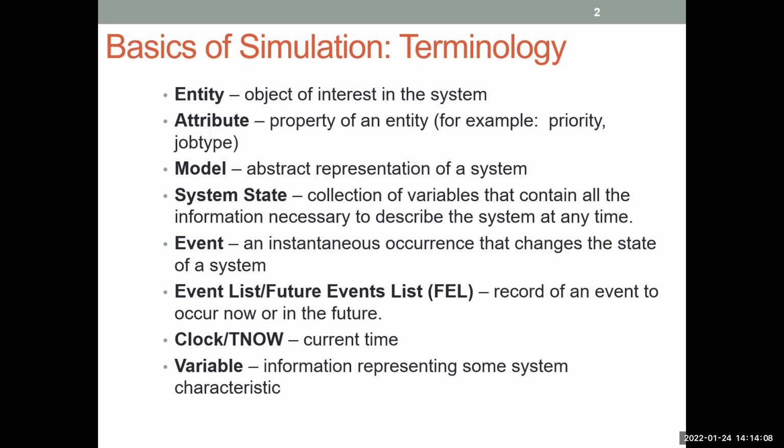So for example, if you have a machine, if the machine is processing something, you can say the machine is busy. If the machine is not processing something, then you can say the machine is idle. If something happened and it broke down, you can change the state to failure mode or maintenance mode.